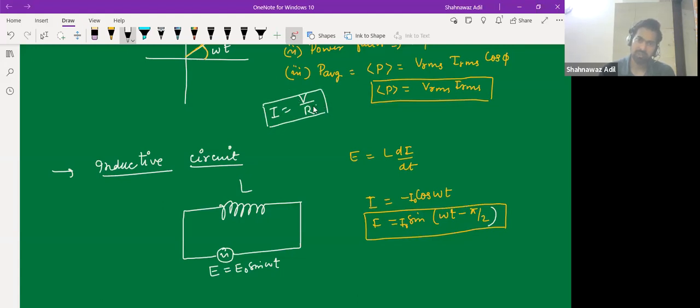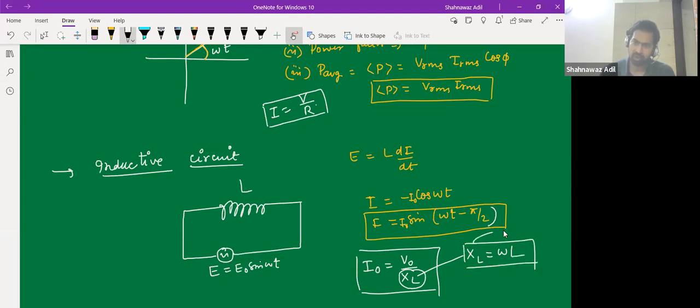So in inductive circuit, this would be the same, only that you will have V naught by XL. This is the counterpart of the resistance, so this will oppose the flow of the current. And we found out that this XL is omega L. So this was called the inductive reactance.